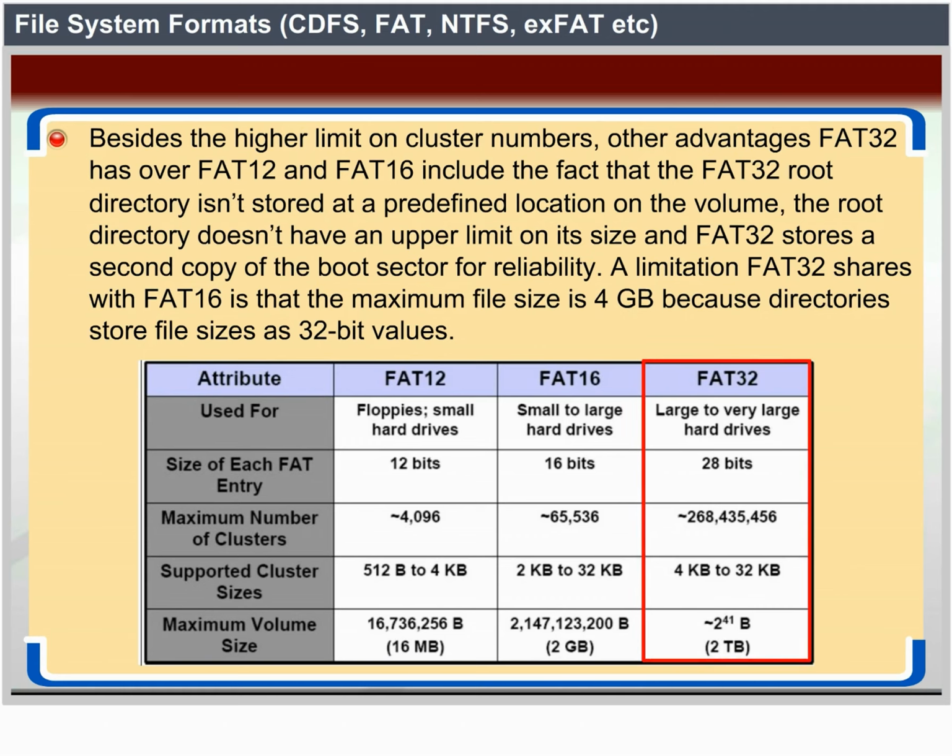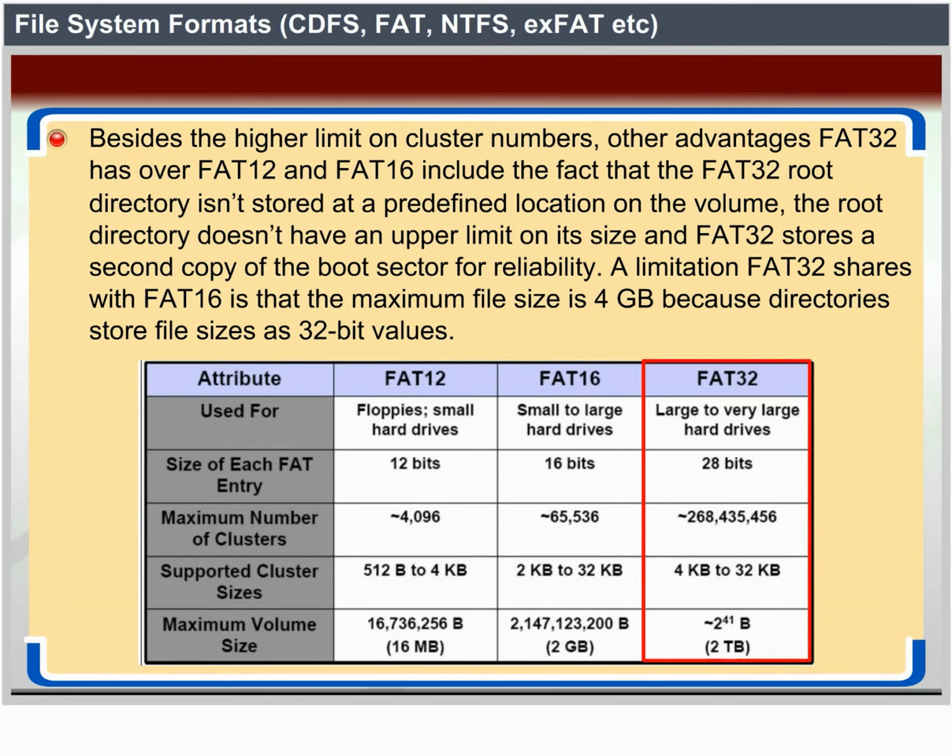The root directory doesn't have an upper limit on its size, and FAT32 stores a second copy of the boot sector for reliability. A limitation FAT32 shares with FAT16 is that the maximum file size is 4 GB because directories store file sizes as 32-bit values.